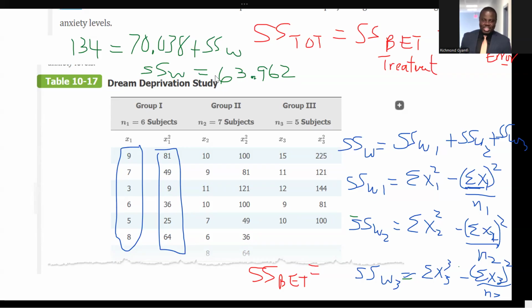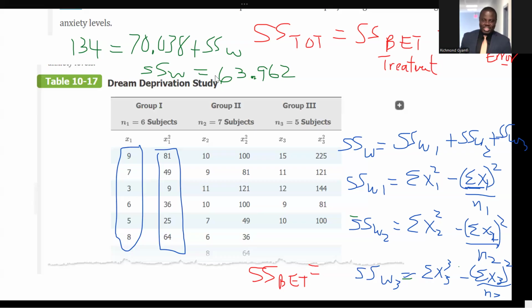So that is it. Now, after that, we want to find our variance estimates, sometimes also called the mean squares. To do that, we're going to need degrees of freedom, and remember, we're doing between the groups and then within the groups.